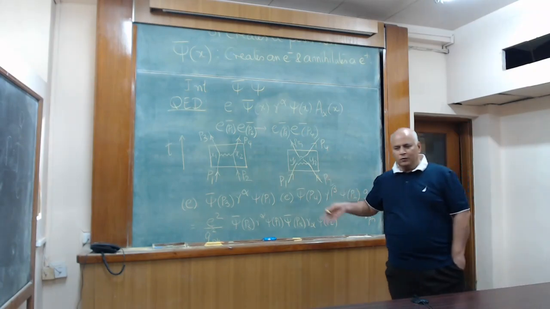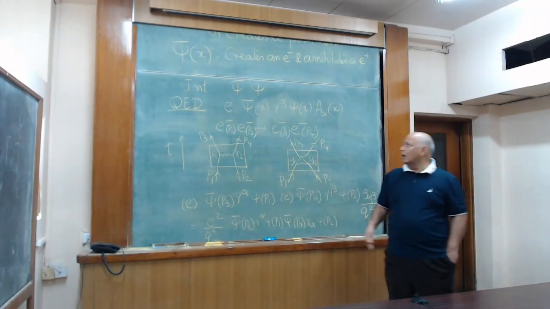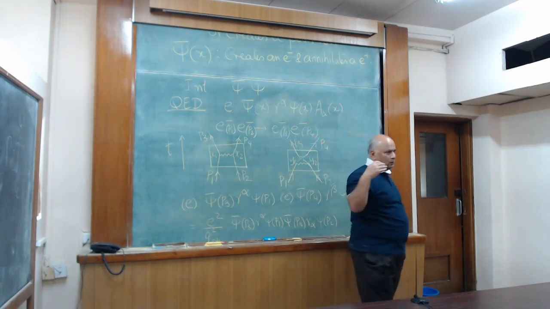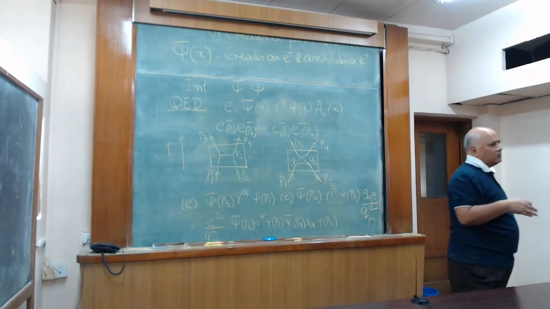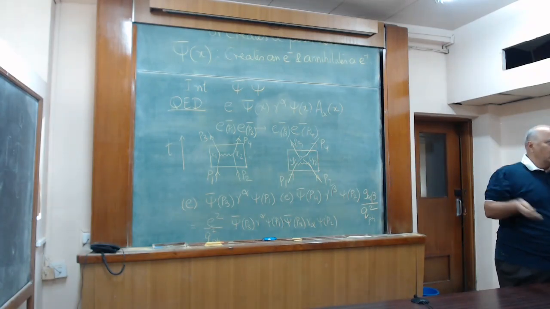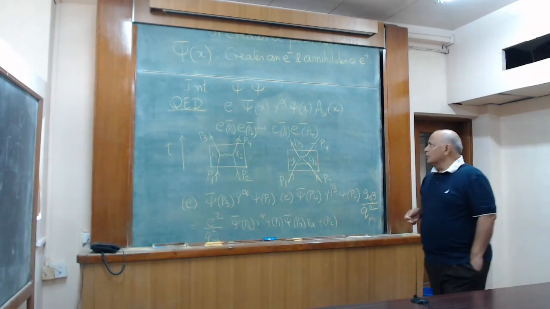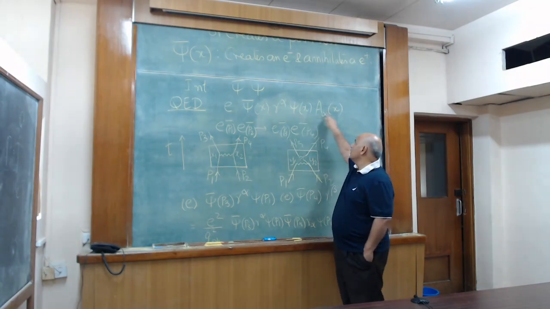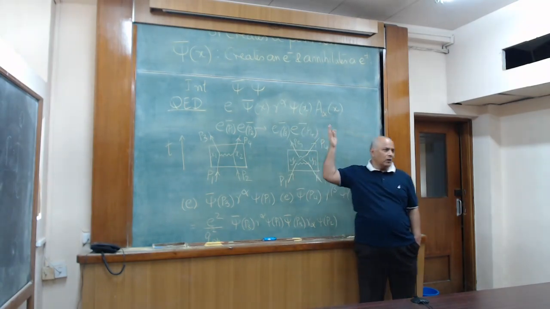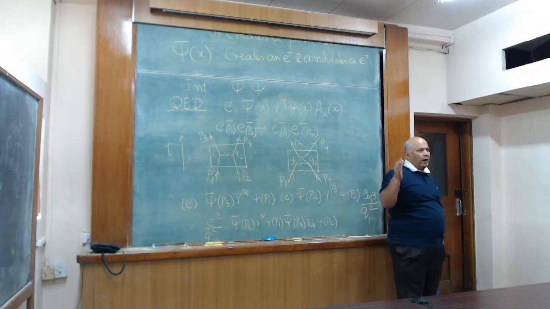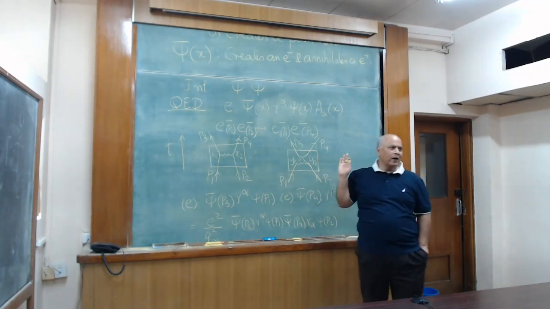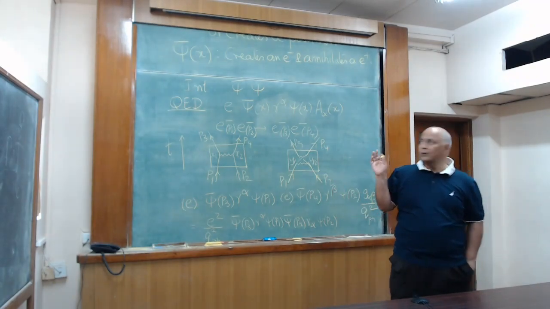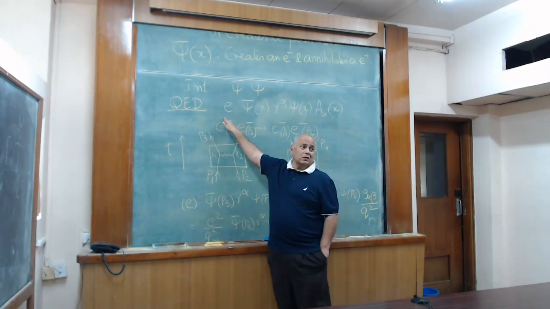And if you study the Dirac theory of electrons, you would see that the Dirac field has energy dimension 3 by 2. So ψ̄ψ has dimension 3, ψ̄ψ A has dimension 4, and terms in the Lagrangian should have dimension 4, so that the action is dimensionless. So e is dimensionless.